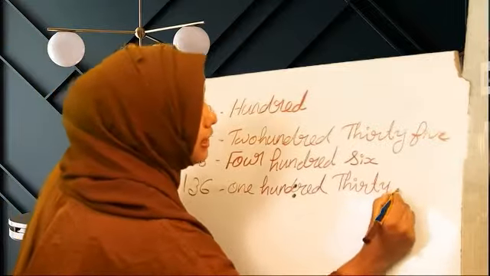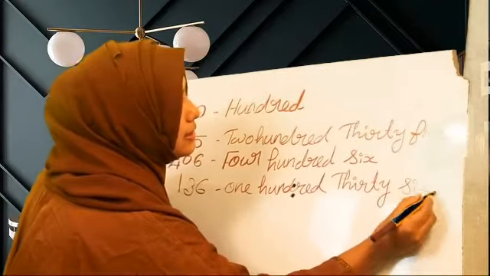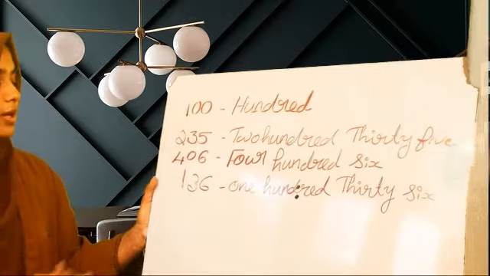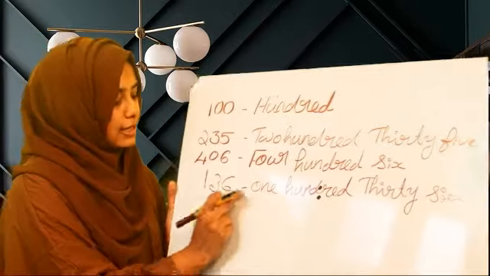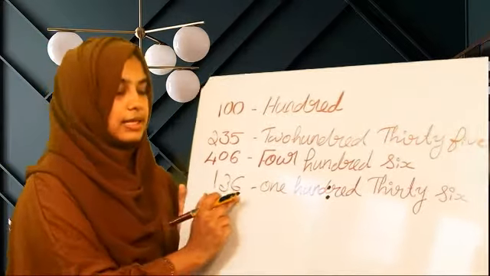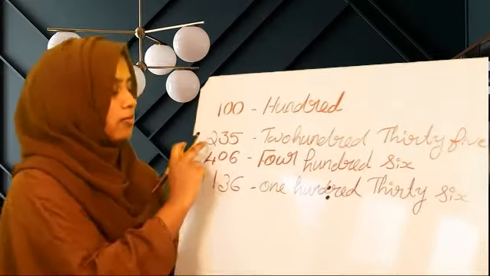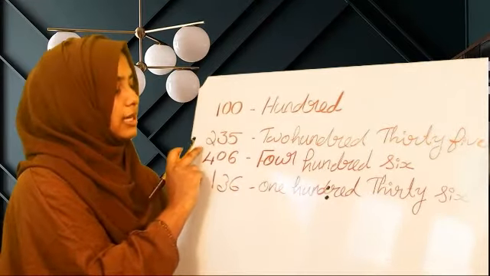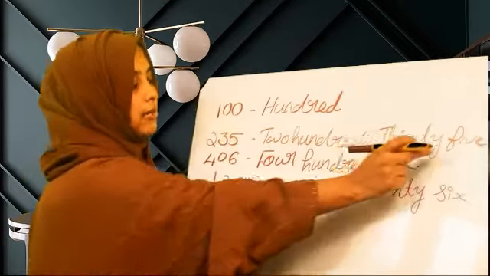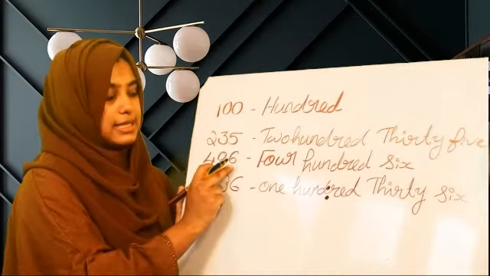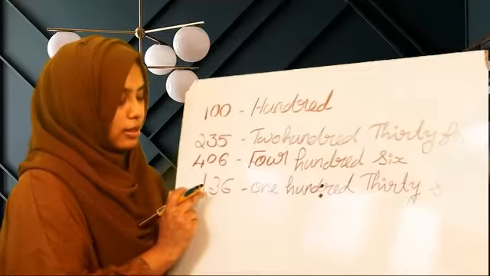Then 6, S-I-X, 36. So for 136 we write 100 first, then 36. Then 235: 200 and 35, then 406.